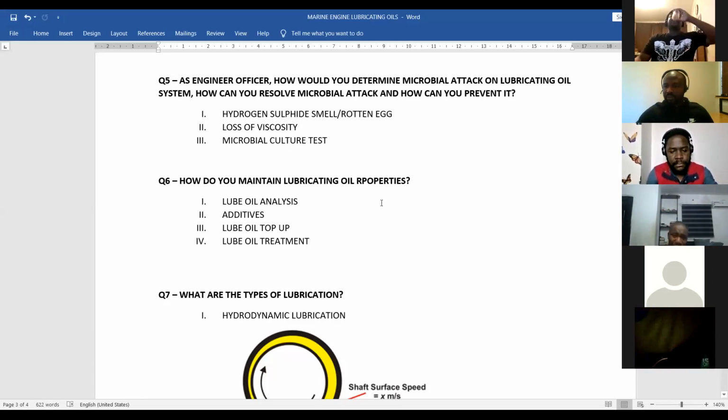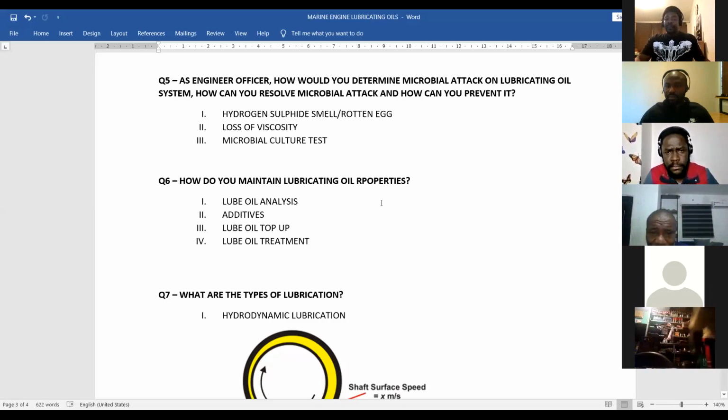So I think, Engineer Briggs, from what you are sharing here, microbial attack on lubricating oil is also very important. If you allow water into your lube oil, most especially as a result of condensation in your tank, and your purifier is not working properly, you might have a microbial attack.